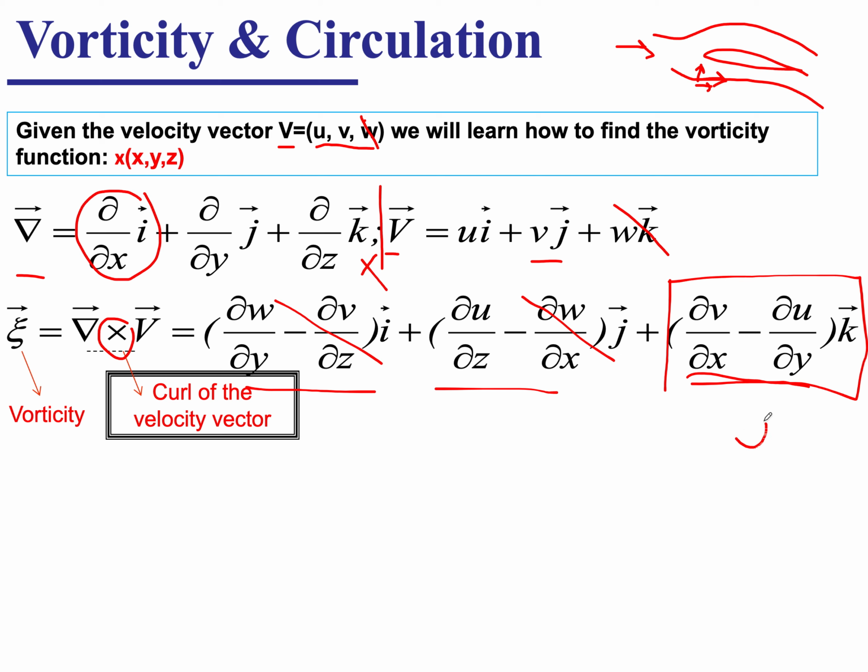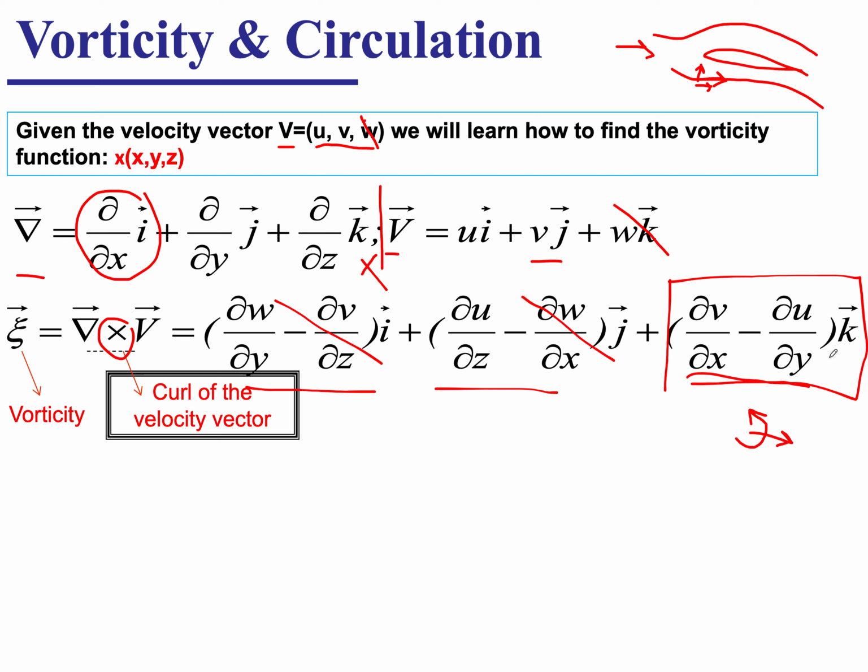If you use your right-hand rule, when you rotate counterclockwise, that tells you that the quantity you're looking at is out of the page towards you. So the circular arrow is in the plane of the page, while this arrow is coming towards you, coming out of the page.